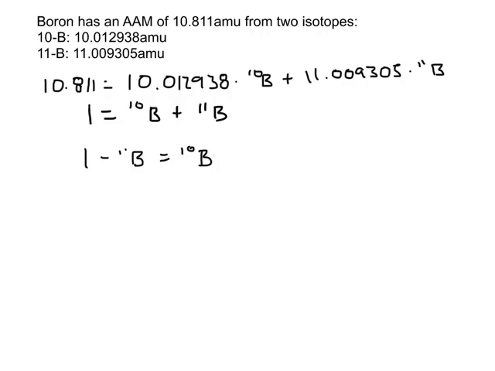So with that done, we can go ahead and plug in 1 minus 11B for every time that we see 10B in the original equation.